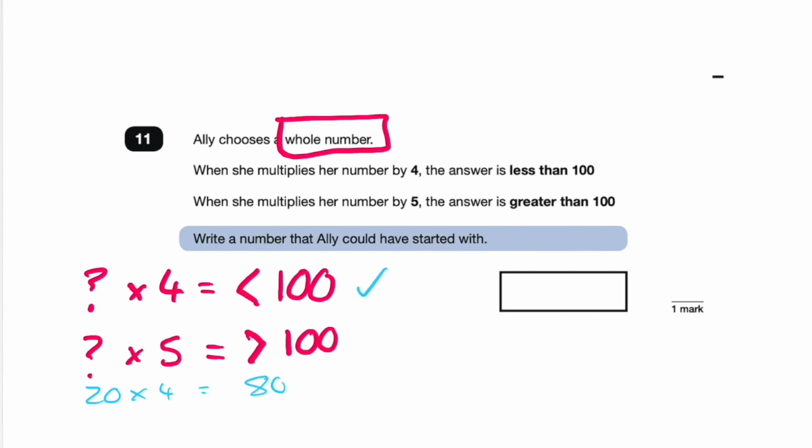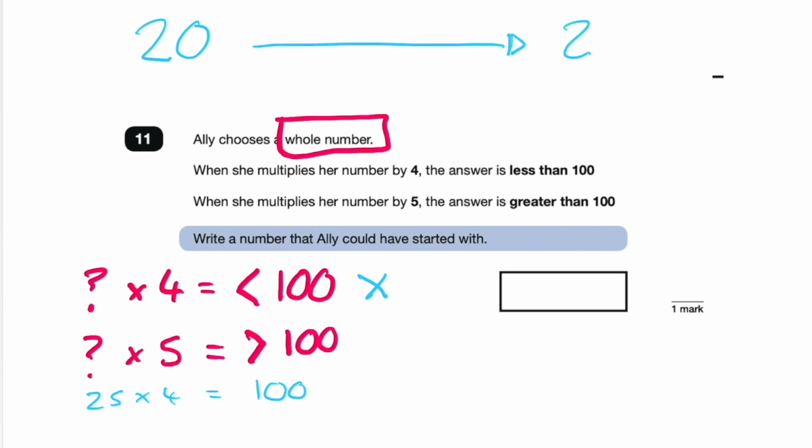That's right, that's less than 100. 20 times 5 equals 100. Well, 100 is not greater than 100, so that is wrong. But we know we're now close. Let's try 25. 25 times 4 equals 100. Well, 100 is not less than 100, so we know that's wrong straight away. So our number is somewhere between 20 and 25.